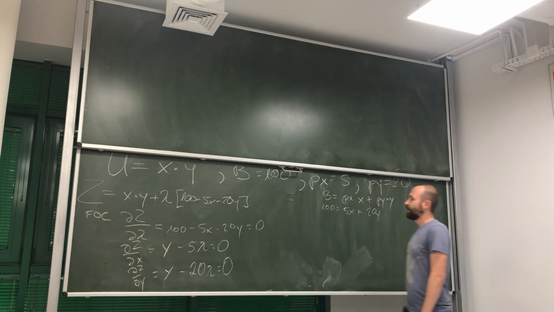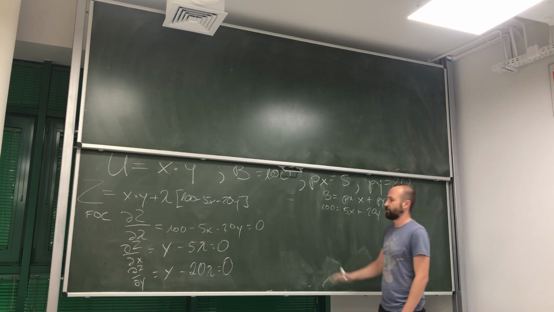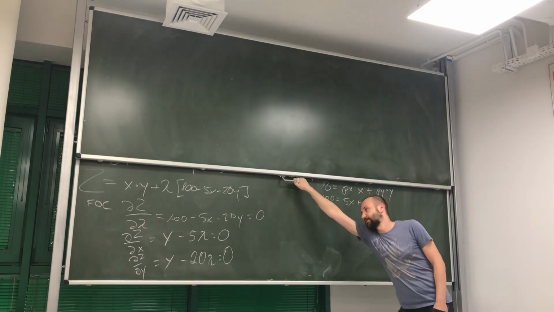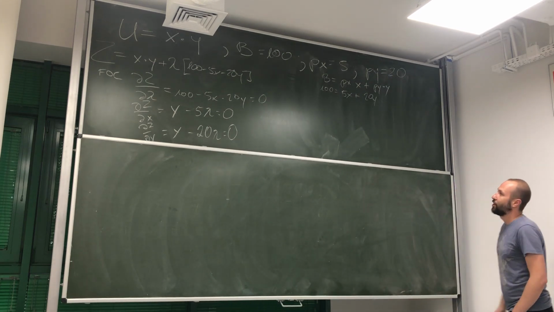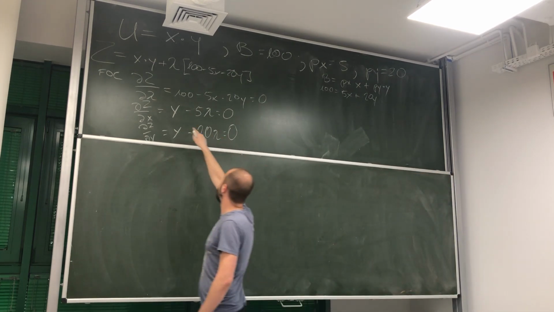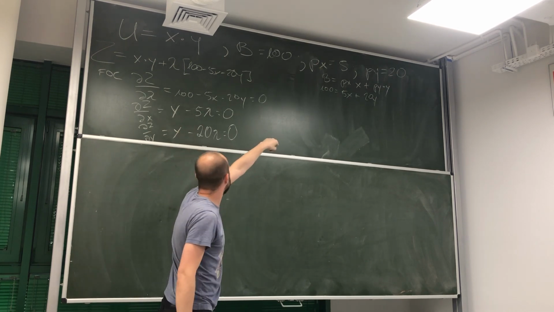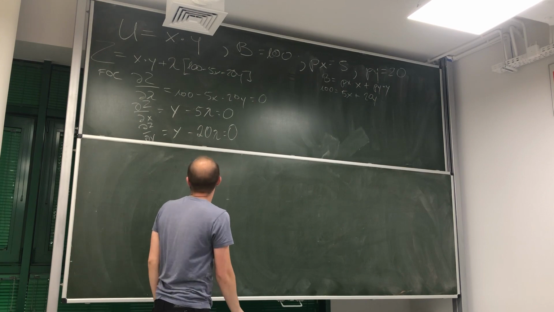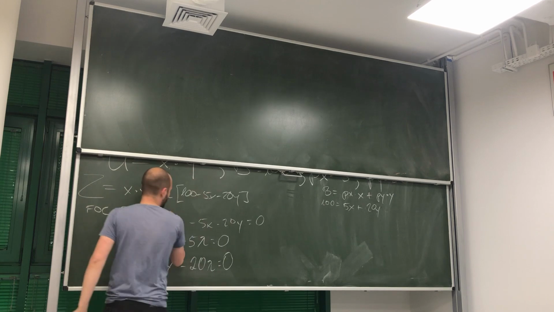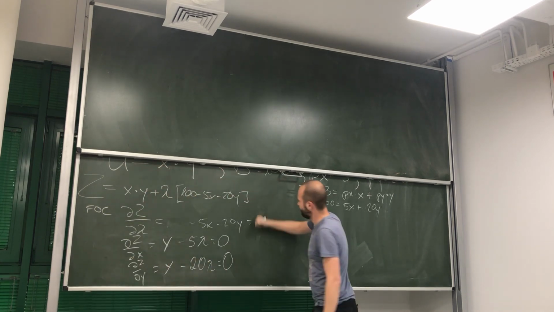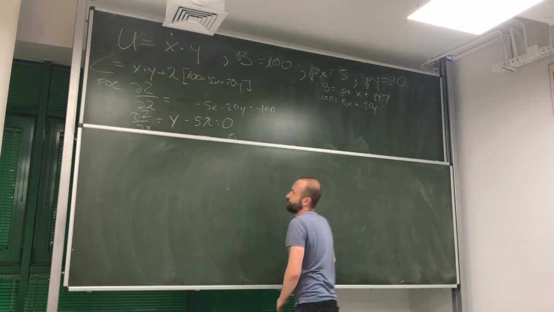The best way to solve it is using a system of simultaneous equations. Why? Because as a byproduct, we're going to get the Hessian. So I'm moving this 100 to the other side of the equation, and the rest I'm leaving exactly as it was, and putting it into matrix notation.